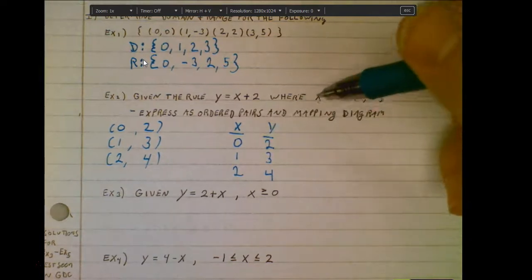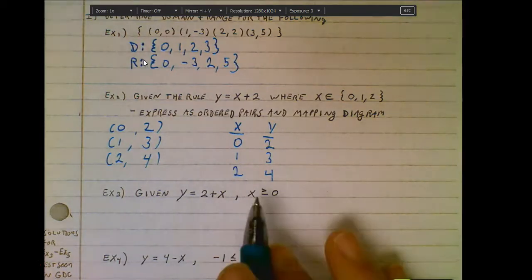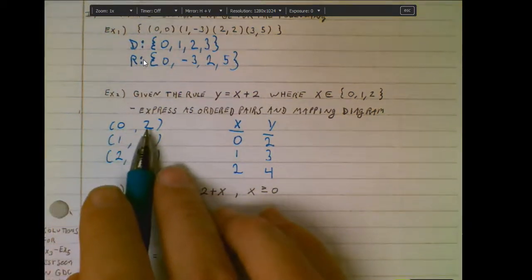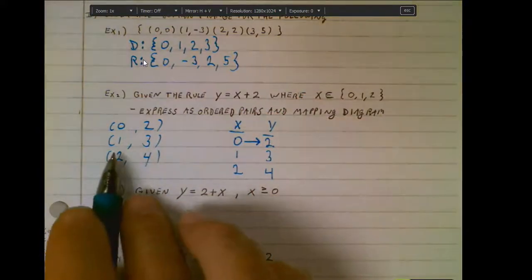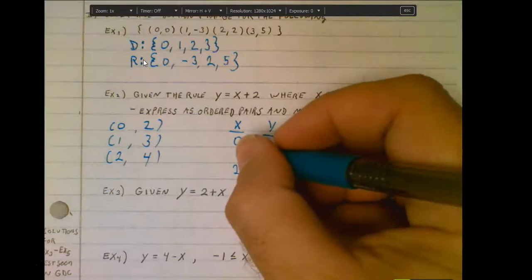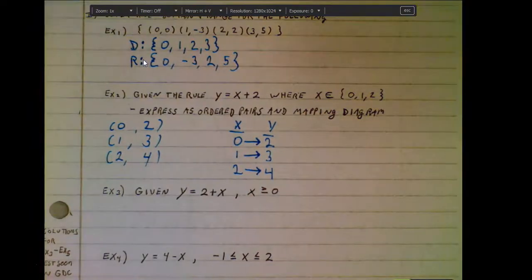When you create the mapping diagram, all they do for that is they draw an arrow for which x goes to which y value. So since 0 goes with 2, I would draw an arrow from 0 to 2. Since 1 went with 3, I'm going from 1 to 3, and 2 went with 4. So the arrows show basically what the ordered pairs were. It shows which x value goes with which y value, and that's our mapping diagram.